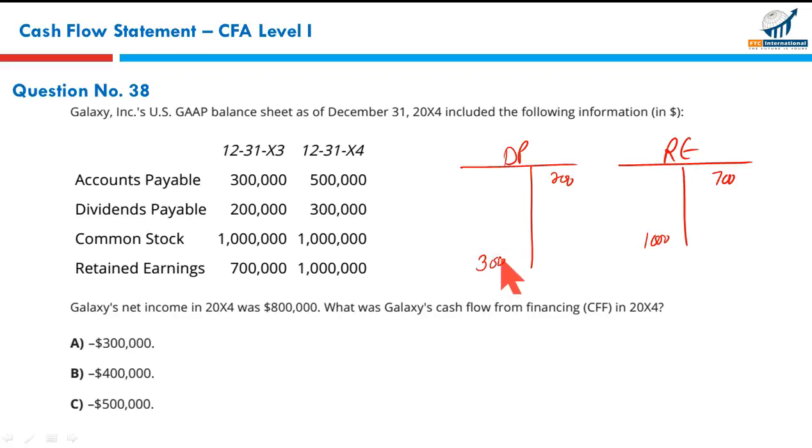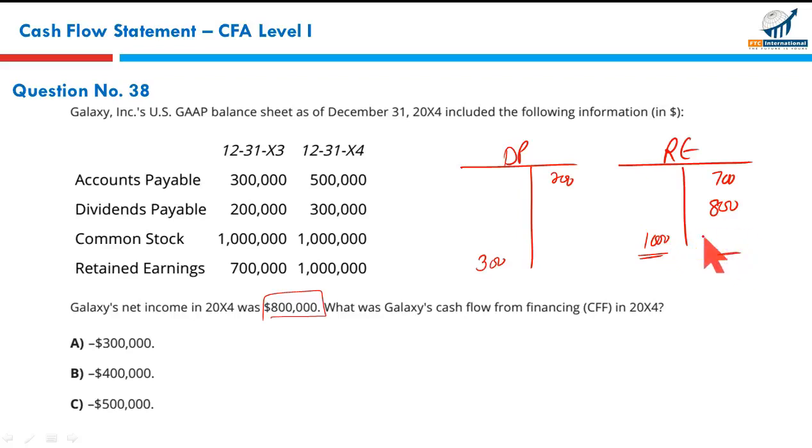Whatever we earn is transferred to retained earnings. In other words, net income is closed to retained earnings, so this 800,000 would appear on this side. 700,000 is the opening balance of retained earnings, 800 is the income for the period, and after distribution we are left with 1,000.